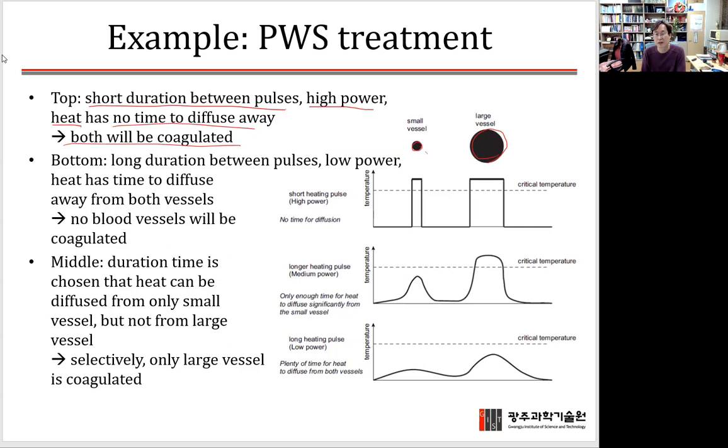So this is the critical temperature that will cause the coagulation. So high power and a short time between the pulses, so that both of them will be affected by the laser generated heat, so that it will be coagulated.